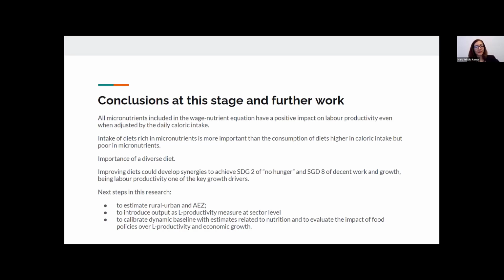And of course, the next step is to introduce the calibration of the dynamic baseline with this estimate in order to add a mechanism that improves labor productivity when we do some agricultural policy that changes consumption, that changes the quality of the diet in the household, and thus could or could not improve labor productivity, leading to greater economic growth or not.